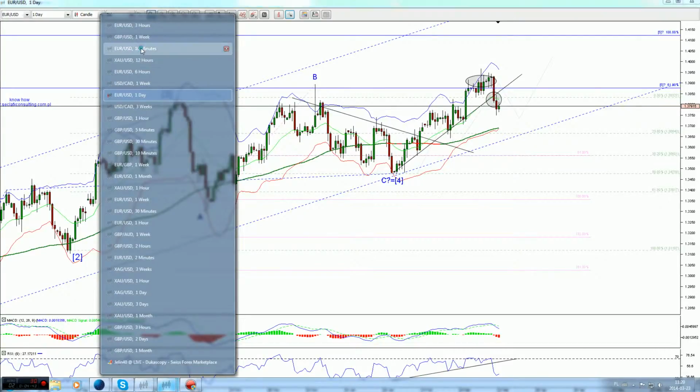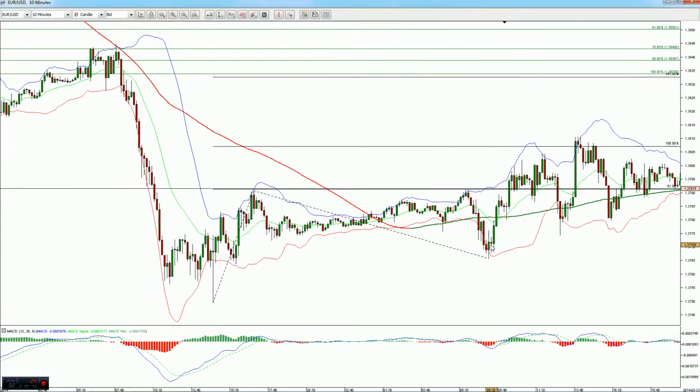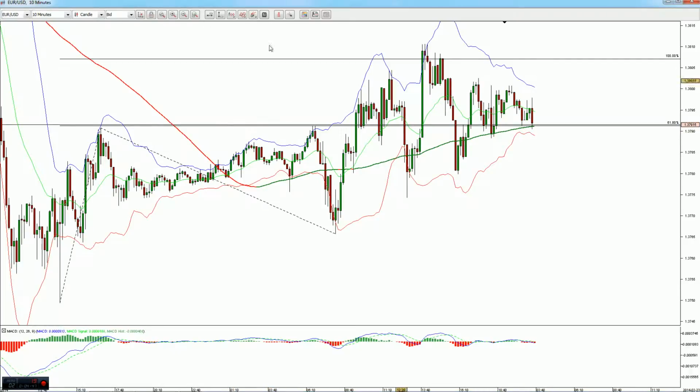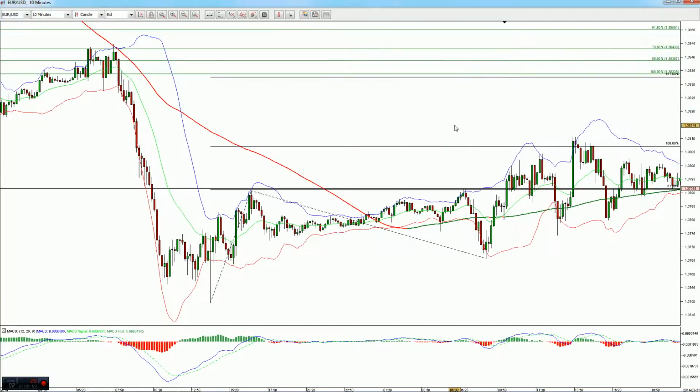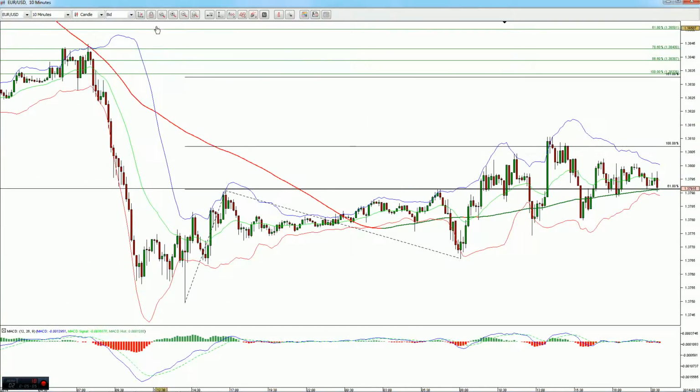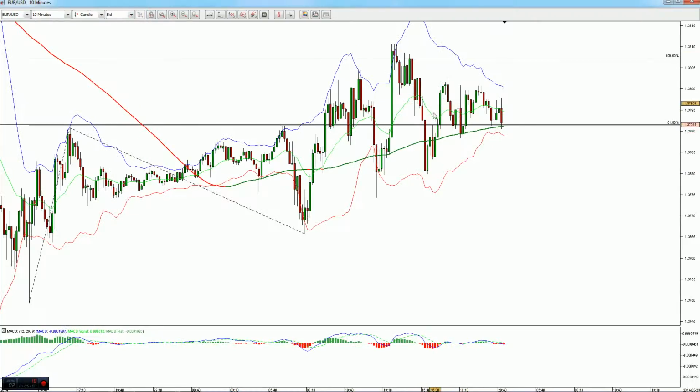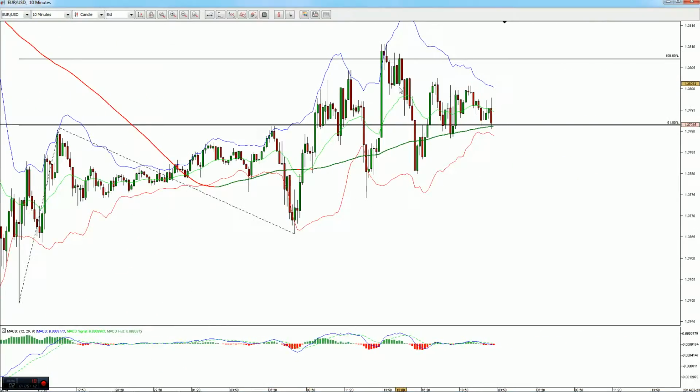So I'm still thinking that we could even have this as a part of a corrective structure, as an A. This could be a B, and there will be another wave as a C. I could even imagine this is A, B, and C. The system is playing with me a little bit.